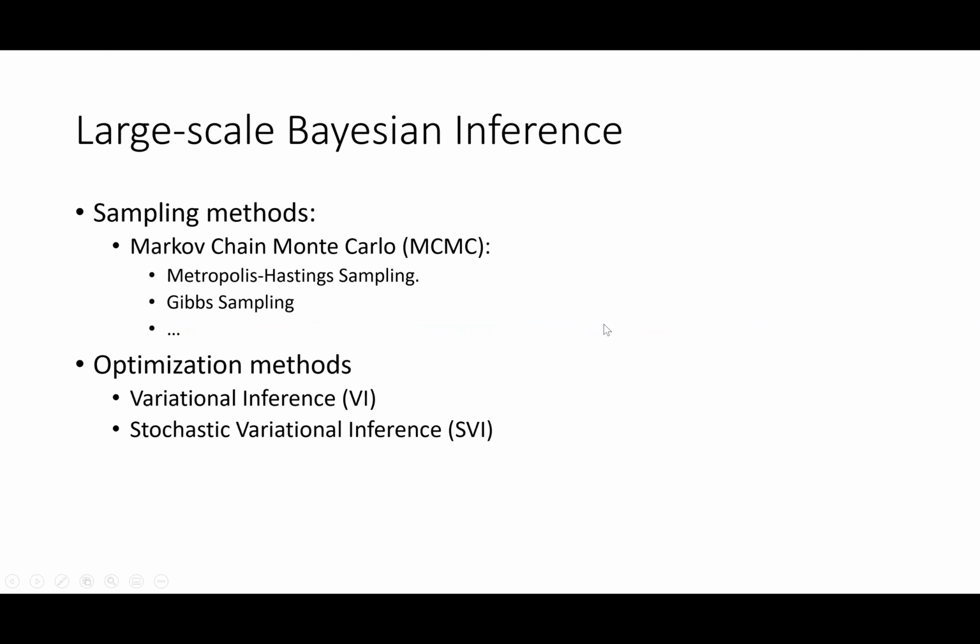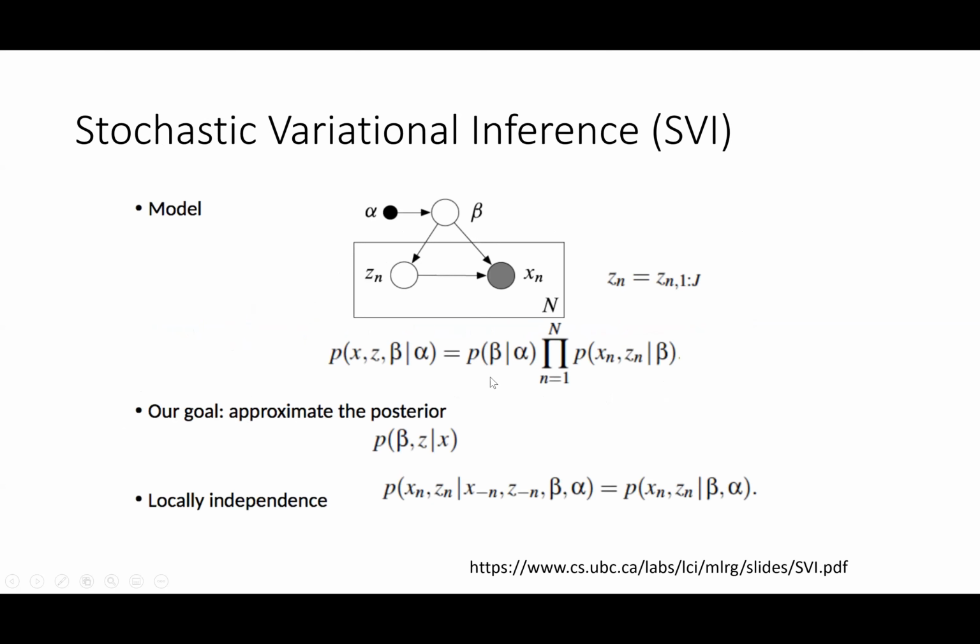In Bayesian inference, a very fundamental thing is SVI, stochastic variational inference. With the observation, we assume there's a local variable Zn and a global variable beta that influence this xn, right? Then we can build a probabilistic model conditional on the prior alpha like this, and this can be factorized conditional on the IID assumption this way, right?